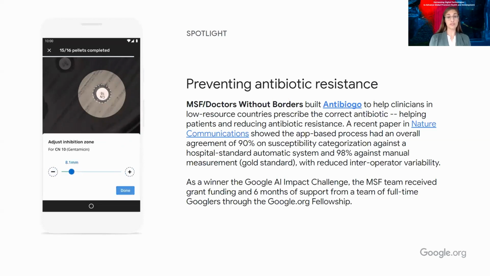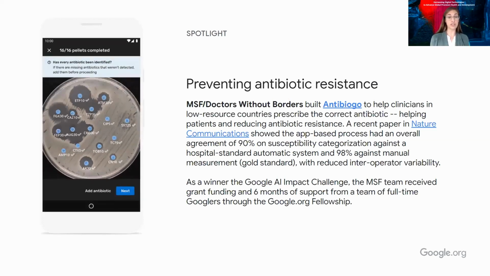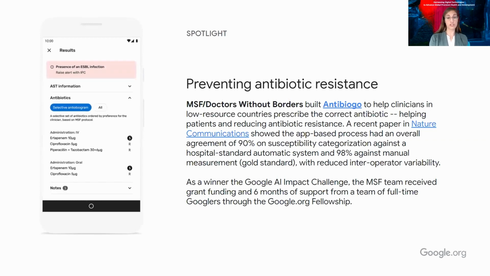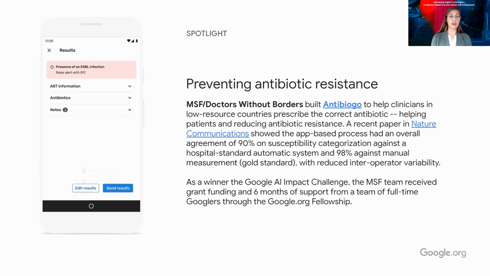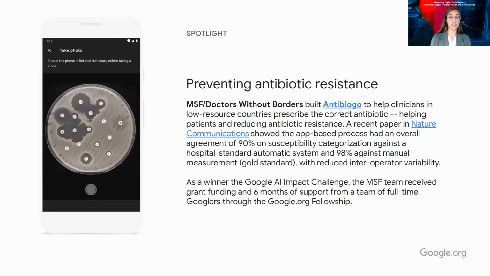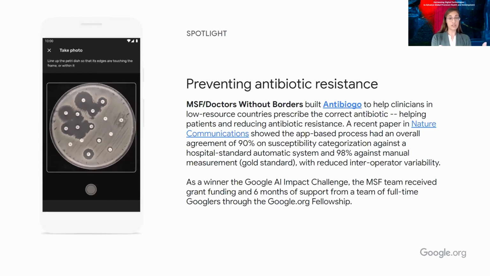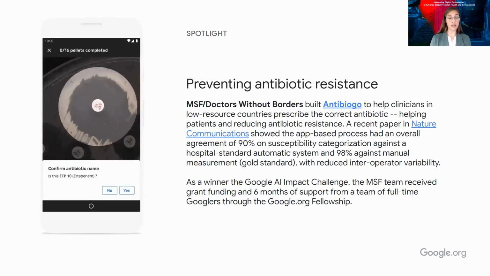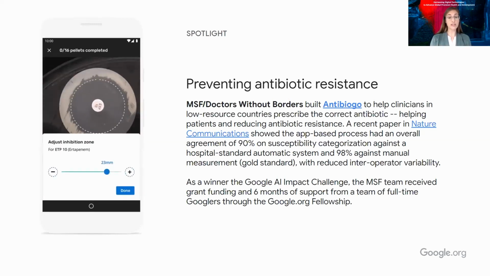The challenge of dealing with antimicrobial resistance requires prescribing the right antibiotic for the bacterial infection being presented. To get that information, we typically use expensive lab equipment and very highly trained microbiologists to interpret the Petri dish that you see here, a susceptibility test that shows how the bacteria is reacting to various antibiotics.